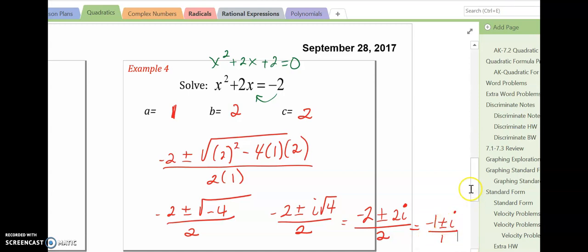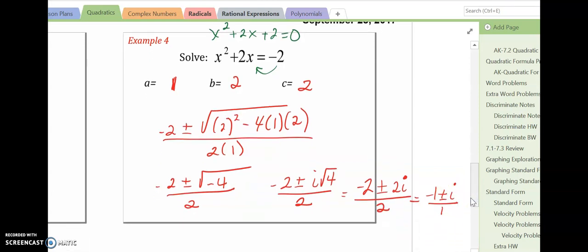If I ask, is it going to cross the x-axis, your answer is no. So this is how we would leave it. You could technically leave it as -1 plus I, comma 0, and -1 minus I, comma 0. We'll practice more of these. I'll show videos on some of the answer keys, but when you have I, that's when it does not cross the x-axis. Okay, hopefully that was a good start.